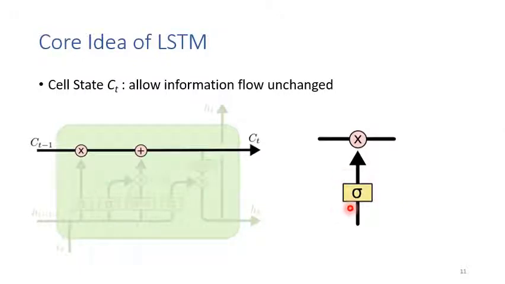Remember, the output of the sigmoid function is between 0 and 1. So 0 means no information passes to the next stage, and 1 means we pass all the information to the next stage. And we can select a value between 0 and 1 to control how much we want to pass. So this is the multiplication.